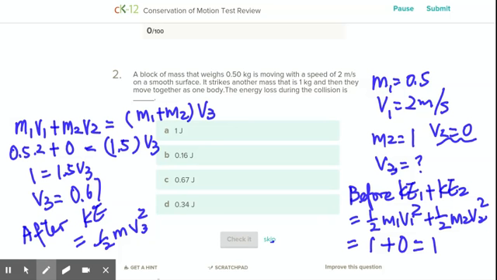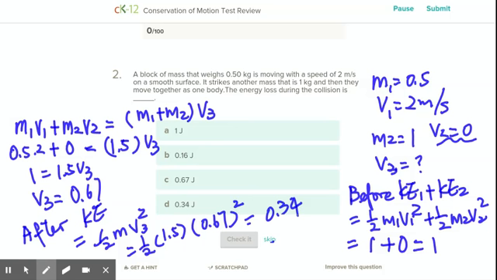Okay. So it's half times 1.5 because that's the mass together, right? And V3, what we find is 0.67, but it's squared. Okay, now you put in the calculator 1.5 times 0.67 squared divided by 2 is equal to 0.34.